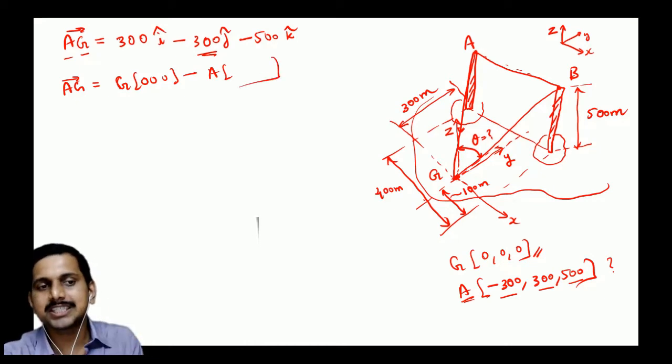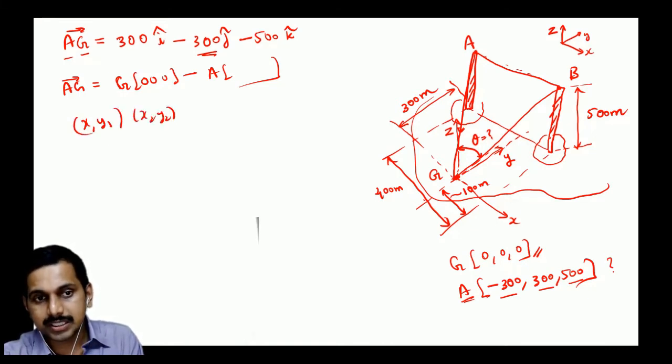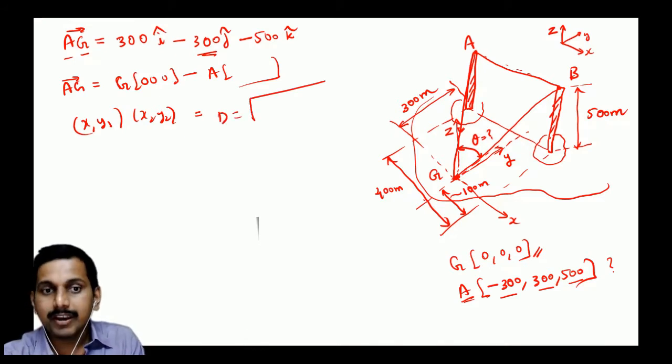Why? You have seen the distance formula last time, is it not? If I want to find the distance between x1 y1 and x2 y2, how do we find it? Distance is square root of x2 minus x1 the whole square plus y2 minus y1 the whole square.